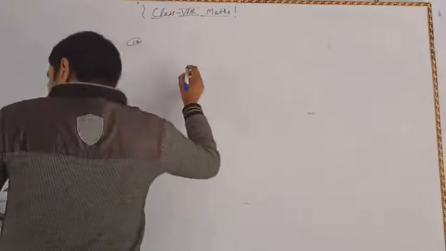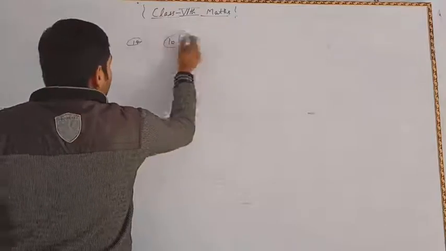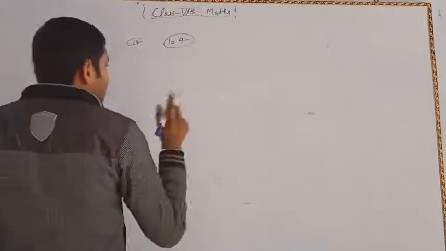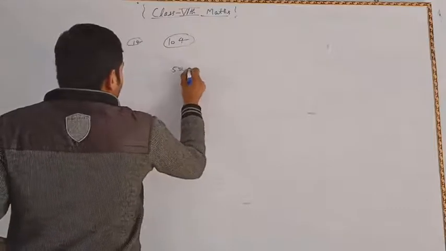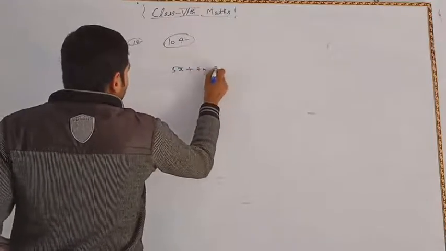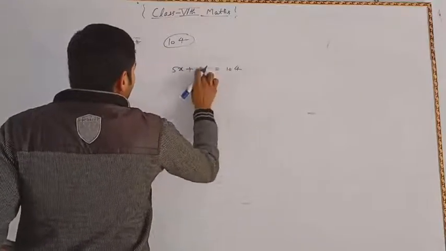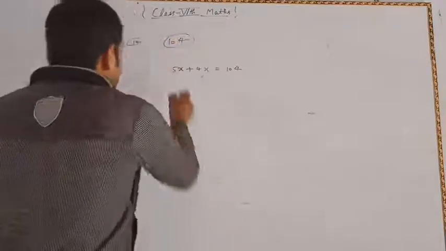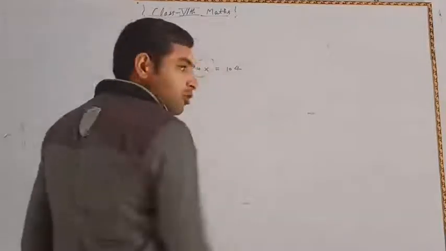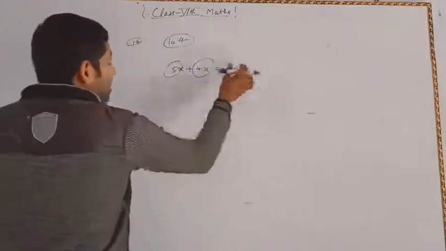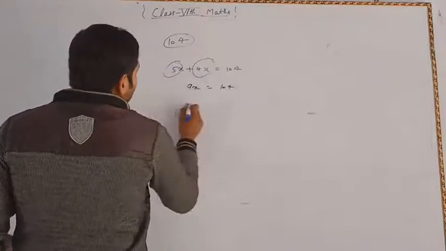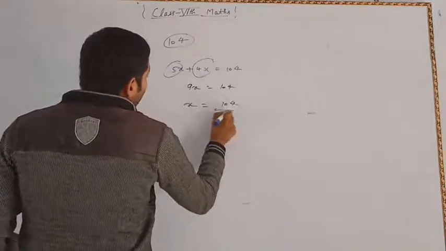You have to divide 104 rupees between both Gopi and Vani in 5:4. So we know 5x plus 4x is equal to 104. The share of Gopi is equal to 5x and the share of Vani is equal to 4x. Then 9x is equal to 104, then x is equal to 104 by 9.